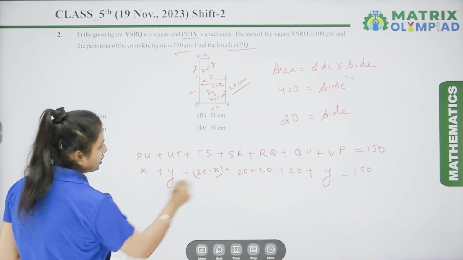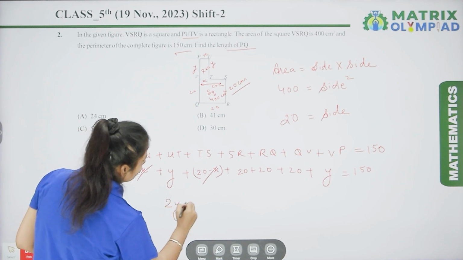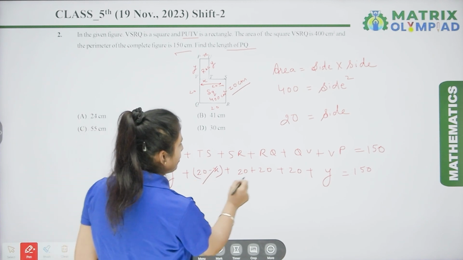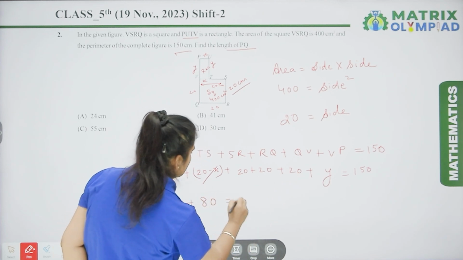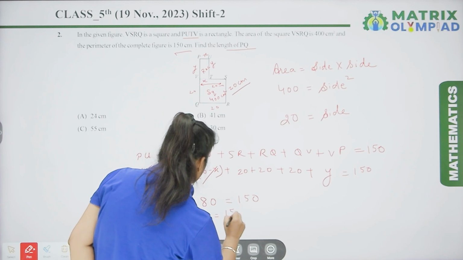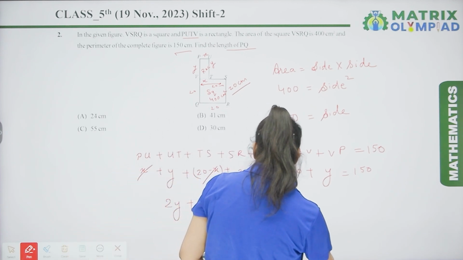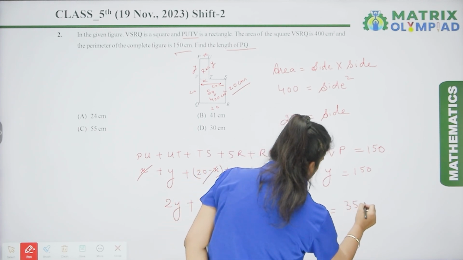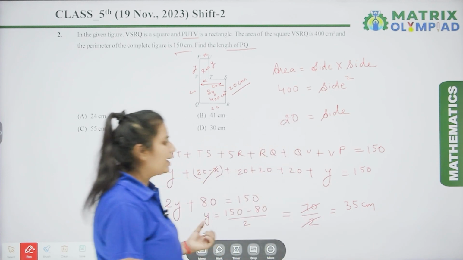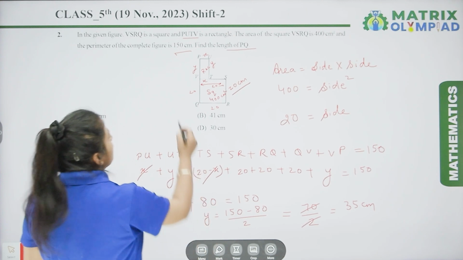Now the next step will be, here we have 2y plus 20 plus 20 plus 20 plus 20 will get 35 centimeter. So the value of y is 35 centimeter.